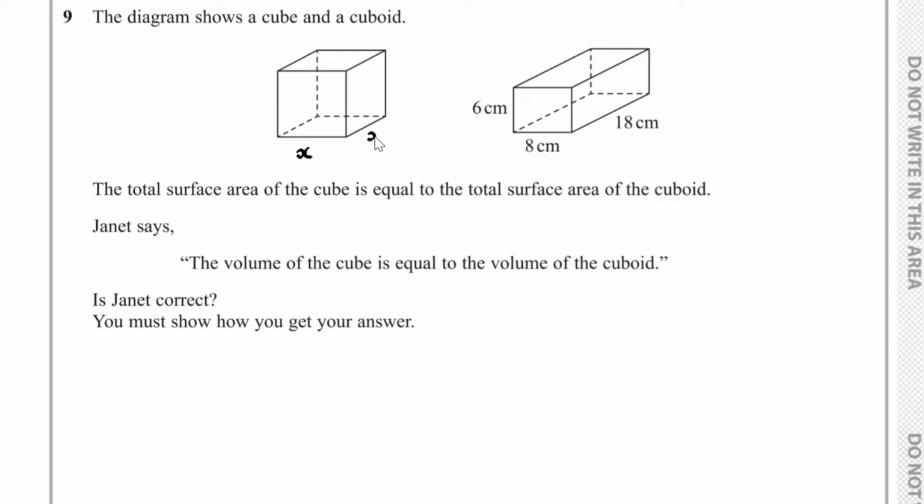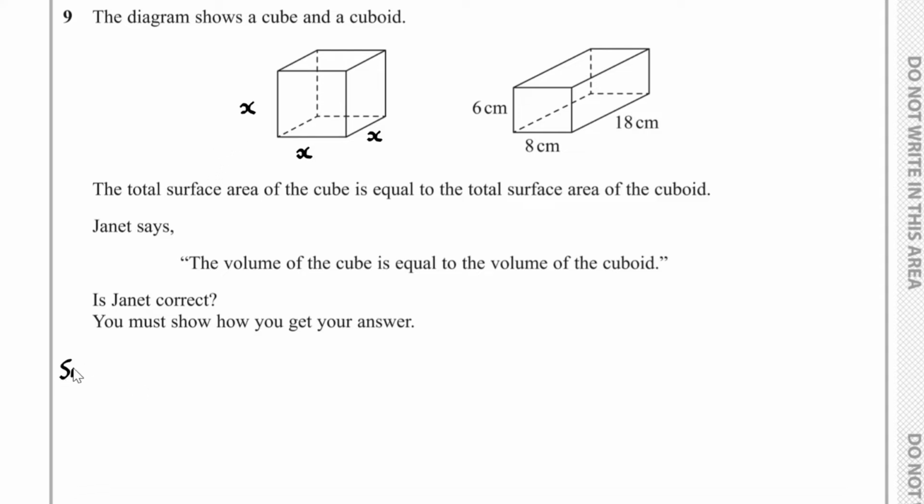So here we have an x, here we have an x, here we have an x. And the reason I say x is because we don't know the actual length of the cube. Now with the cuboid, we can find out the surface area and then equate this to the surface area of the cube.